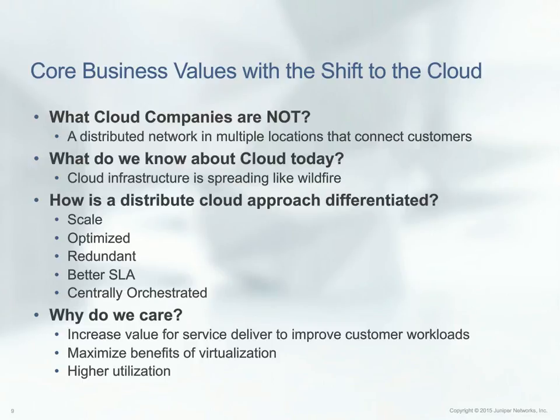So what I'm going to cover is a lot around the implementation of this distributed cloud. But I'm going to first start off with a couple of trends that I'm seeing. In terms of the cloud as we know it today, I don't think there's any argument that cloud proliferation is happening like wildfire, right?